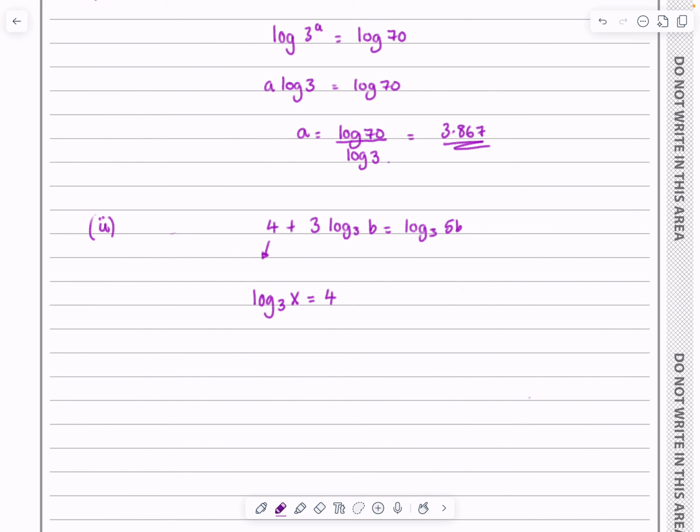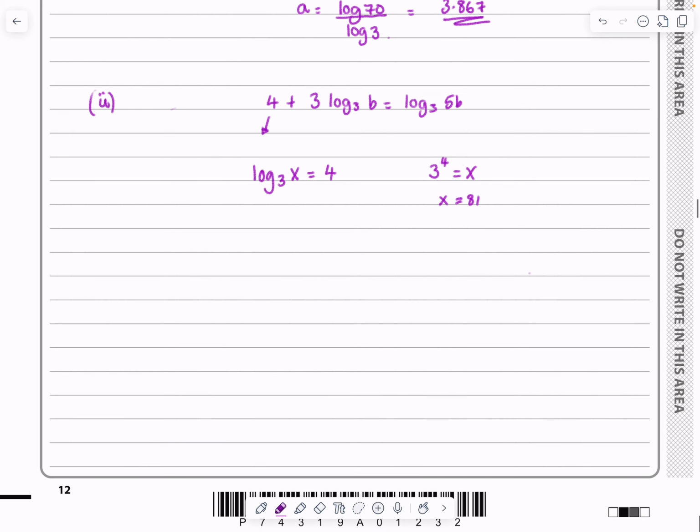The power statement that comes from this is keep the base the same. So the base of my power statement is the base of my log. I know a logarithm is a power, so that means my answer 4 is a power there. That gives me what x is equal to. 3 to the 4 is 81.